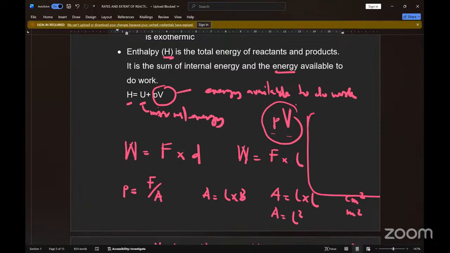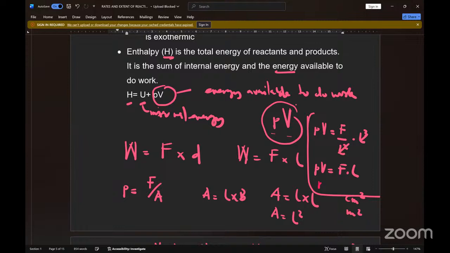So we say that our PV is going to be equal to, the P is force divided by area, I said is length squared, times volume is length cubed. So when you cancel this one and this one, you are going to have PV is equal to force times length.